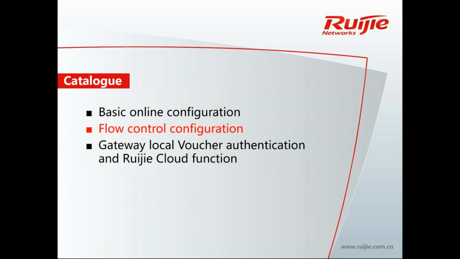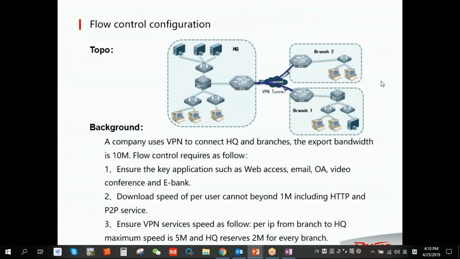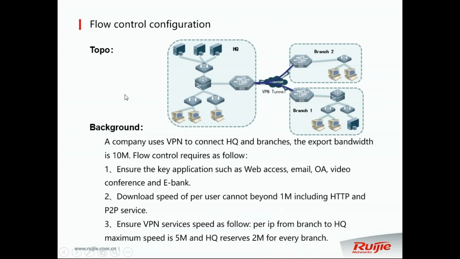And next is the flow control configuration. We have a topology for you here. You see in the topology the header encoder and the two branches. When we use a VPN channel, in this example we use an IPsec VPN channel.